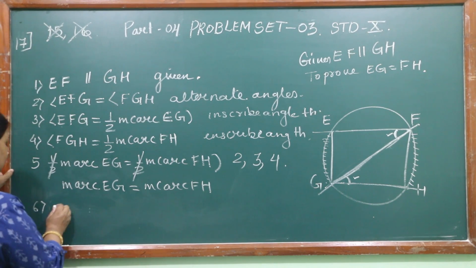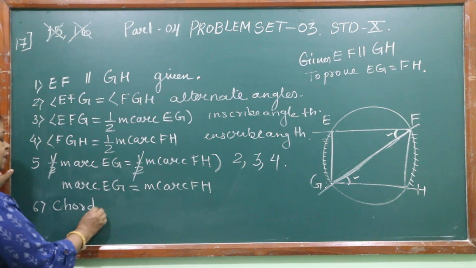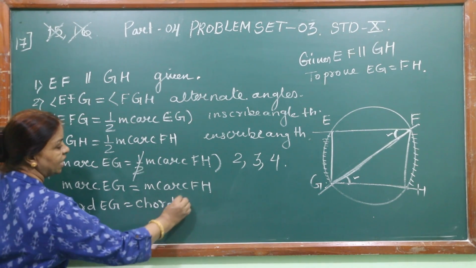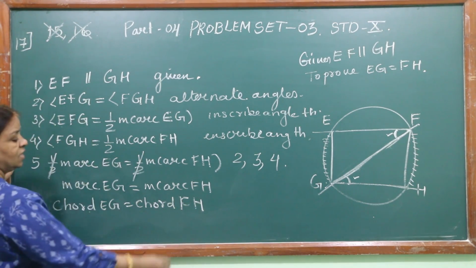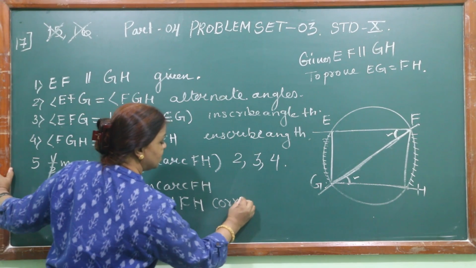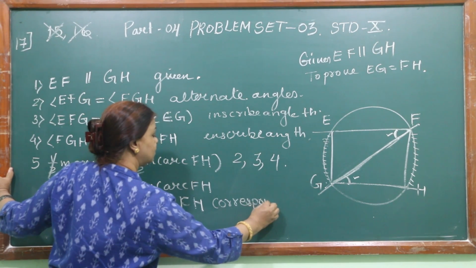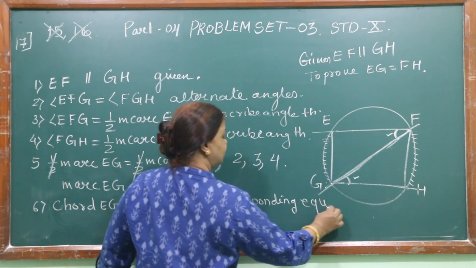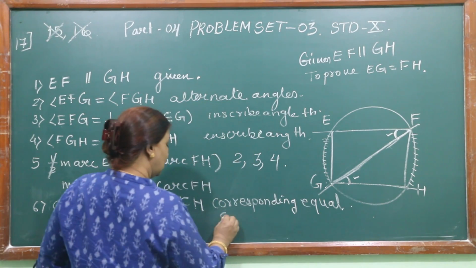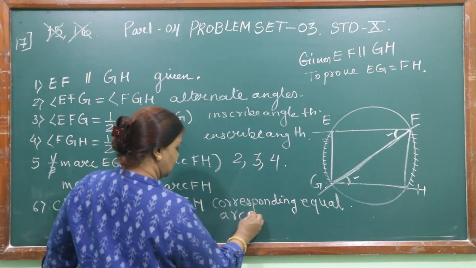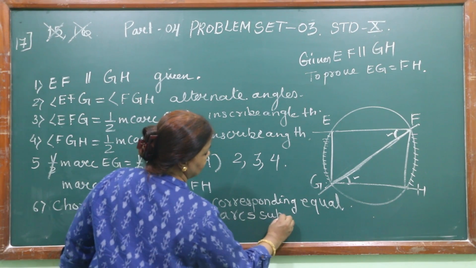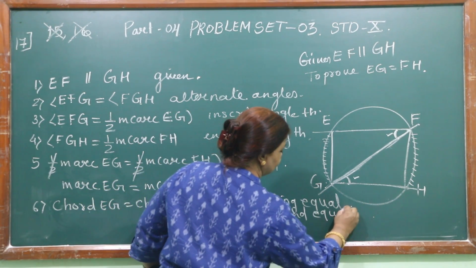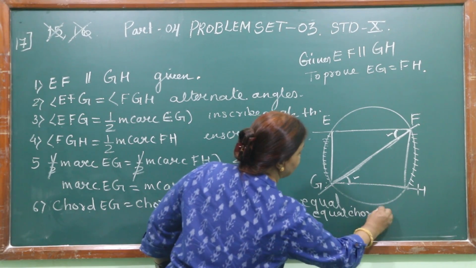Let me write chord EG is equal to chord FH because corresponding equal arcs subtend equal chords. See, if the arcs are equal, chords are equal.